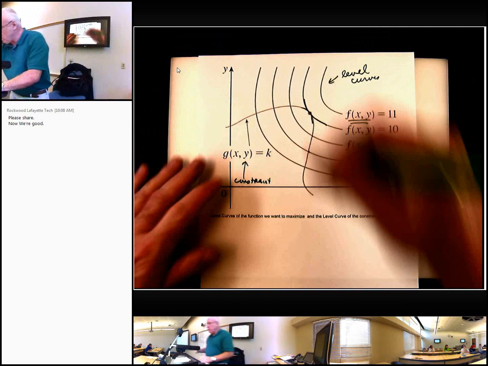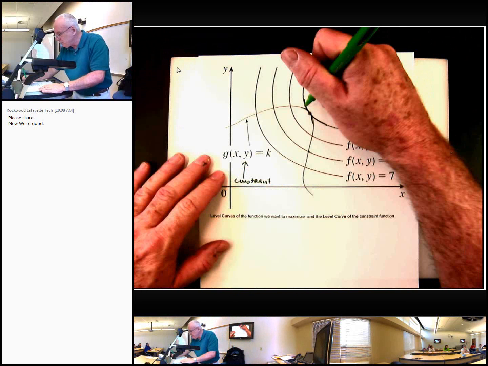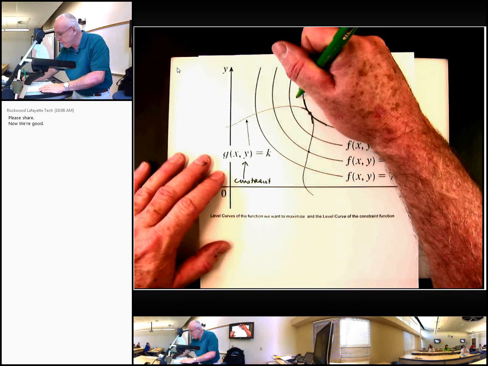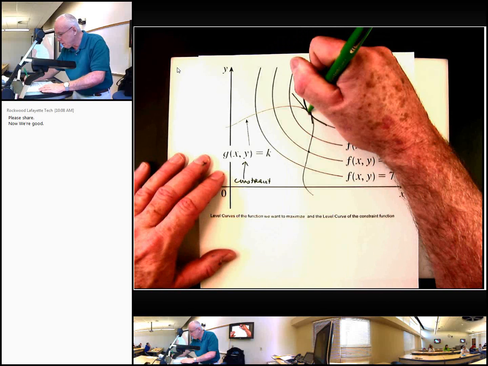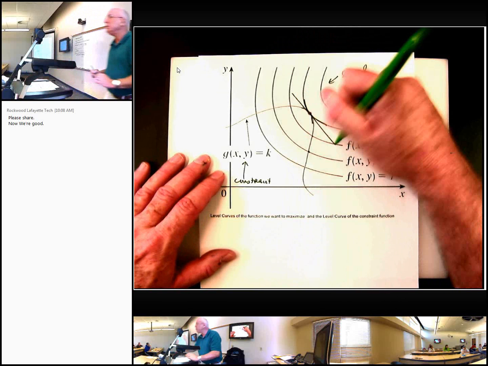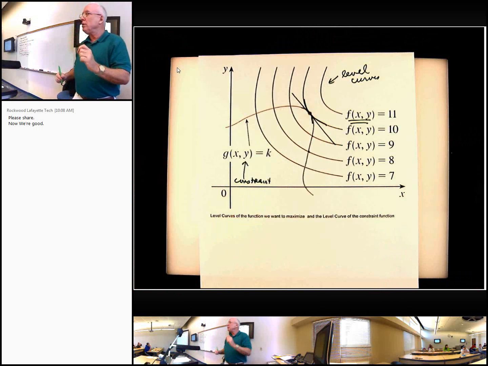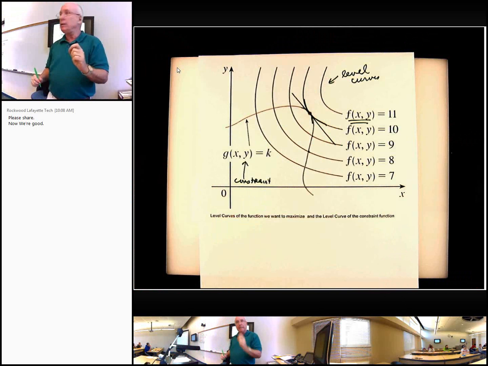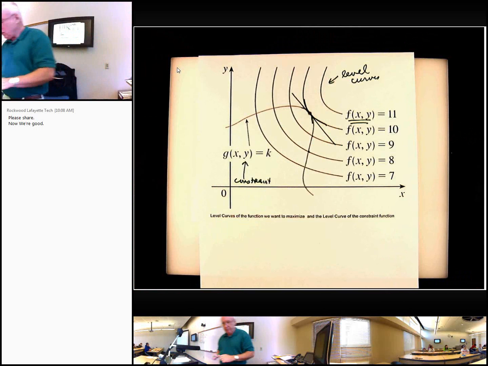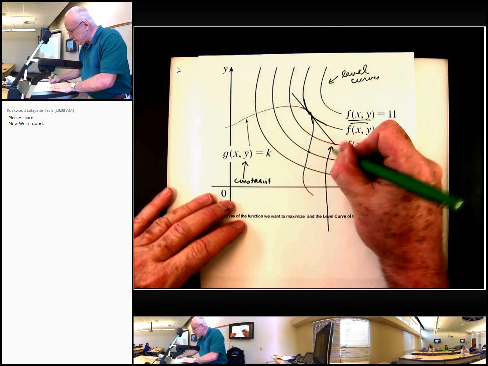So if we drew a tangent line at that point, they would both share the same tangent line. Because they just touch each other, they have a common tangent line.